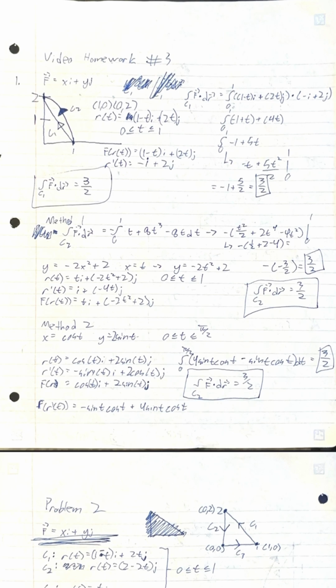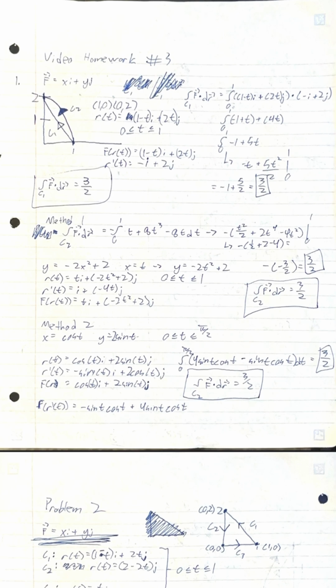You parameterize it by just doing the equation of the line, and then you substitute x for t, and then you get the equation of a line in terms of t. Then we get r(t), which is just the x and y components of the equation of the line. The derivative is right under that, and then plugging r(t) into the vector field F is right under that, with t existing between 0 and 1.